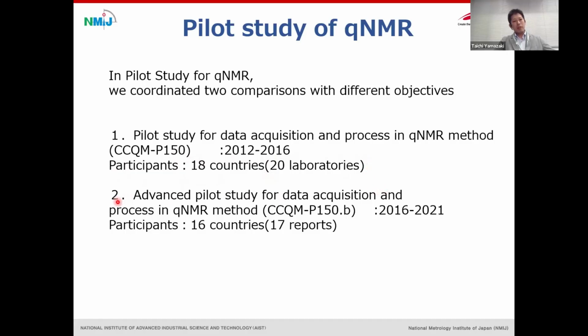And second, the CCQM comparison is an advanced pilot study for data acquisition and processing in qNMR, as a CCQM pilot study, P150B. Almost all the participants were the same as the first.